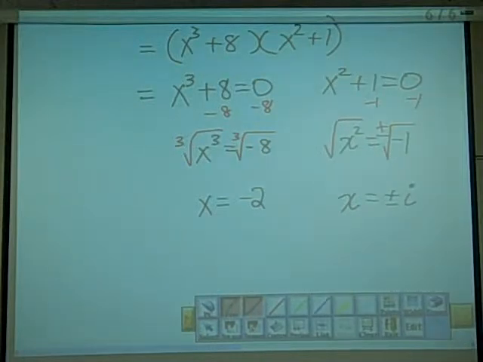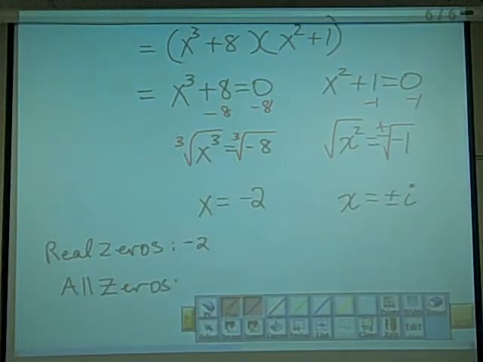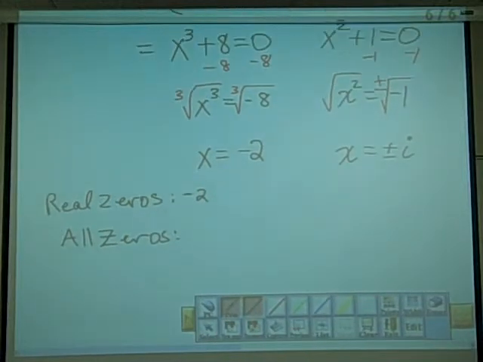Now, if the problem only asks for real zeros, you would only include the negative 2. But if it asks for all zeros, real or imaginary or complex, then you would include the negative 2 and negative i and positive i.